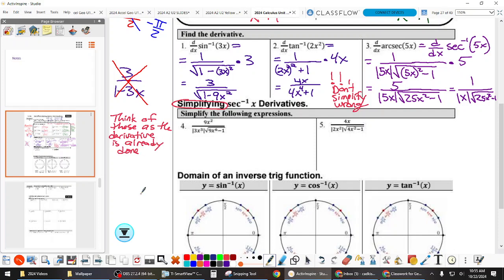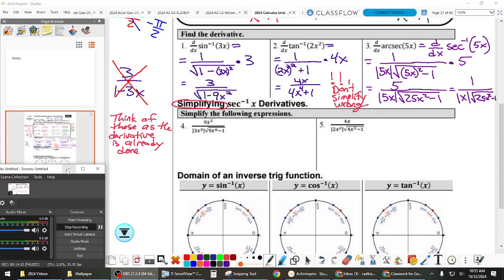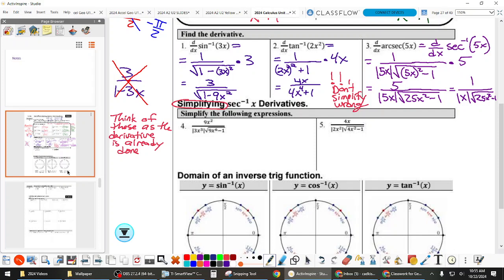And we're just simplifying, okay? So derivative's done. We're just looking to maybe match our solution to one of the multiple choice options.